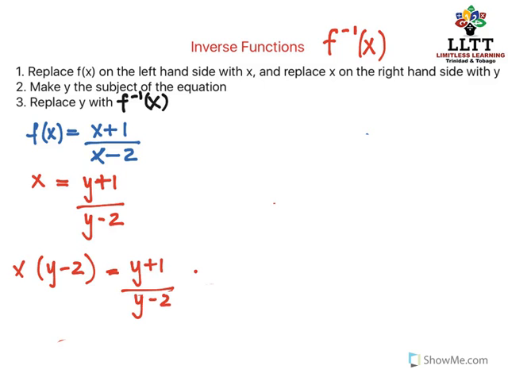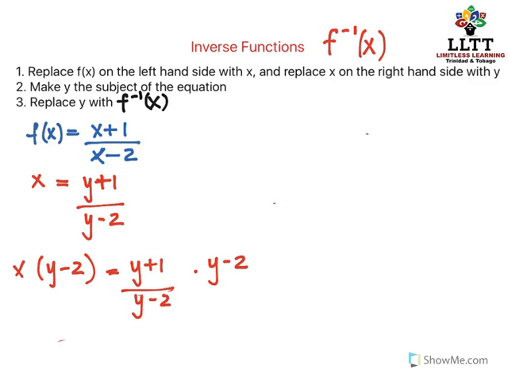And then on the right hand side, I have y plus 1 over y minus 2 multiplied by y minus 2. And again, the reason that I am multiplying by the denominator is so that I don't end up with a fraction. I get rid of that fraction essentially, and then I'll work around my question.